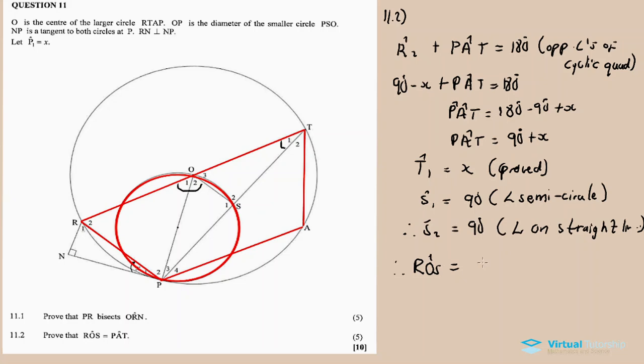T1 plus S2, which is what? 90 degrees plus X. This is S2 and T1. Adding them gives us ROS. Therefore, the reason is that it's an exterior angle of a triangle. Therefore, PAT is equal to ROS. These two angles are equal.